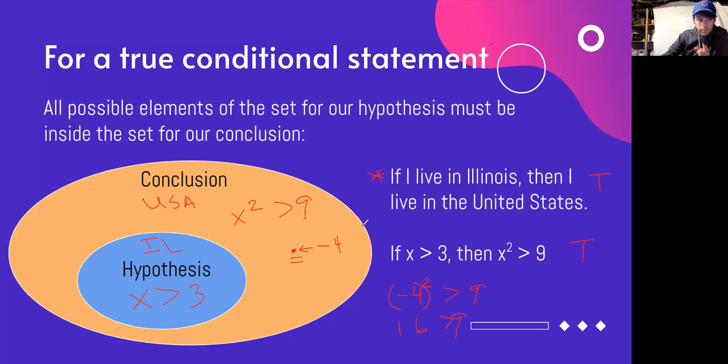No. Because it is a false hypothesis and a true conclusion. That's not a counterexample. A counterexample is something that is a true hypothesis, something that's in the hypothesis set, but not in the conclusion. So this is kind of the opposite of a counterexample. So not a counterexample, but something that people commonly think of when they try to come up with counterexamples.